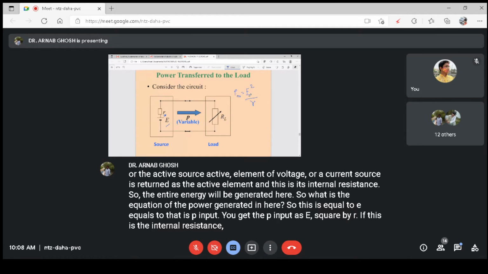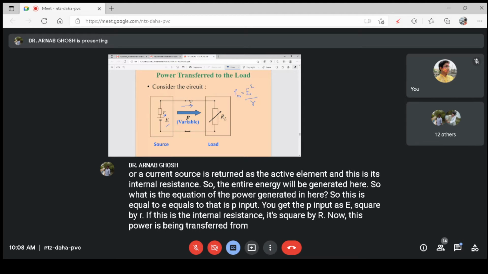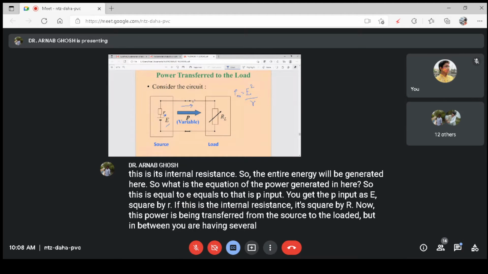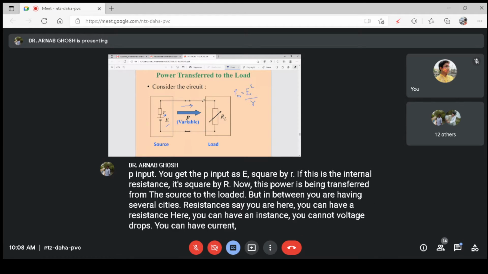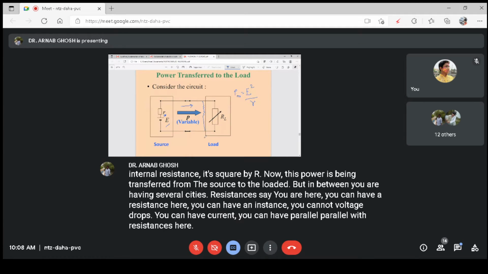Now the power is transferred from the source to the load end, but in between you are having several series resistances, voltage drops, and parallel resistances, so you will have a current drop.